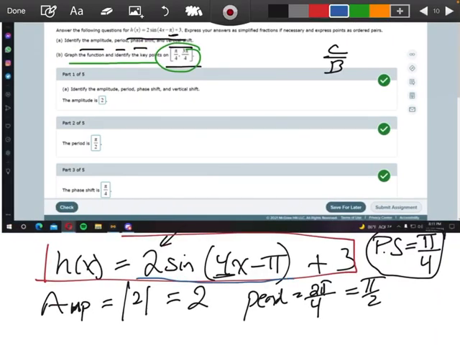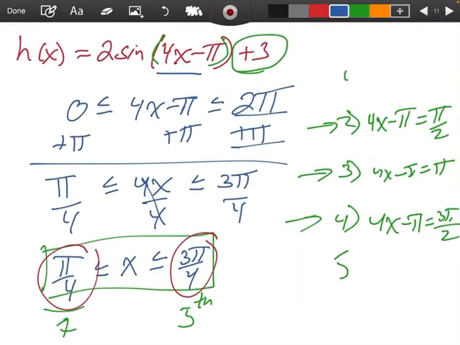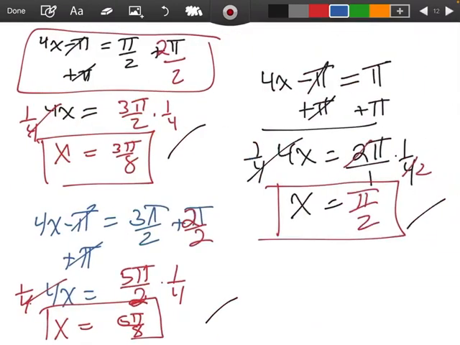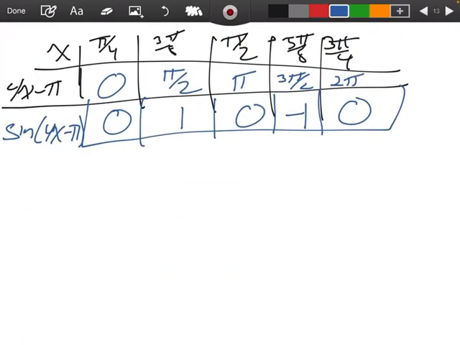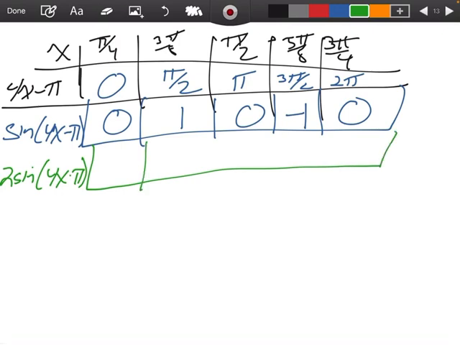Here we go. So now I need to multiply that number by 2. So let's do that here. So now I'm going to put a 2 sine of 4x minus pi. And all I'm doing here, y'all, is taking these values and multiplying them by 2. So that's 0, 2, 0, -2, and 0.